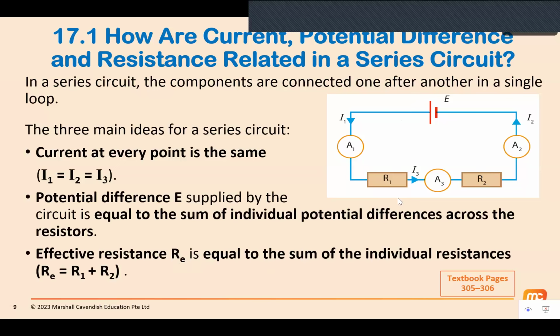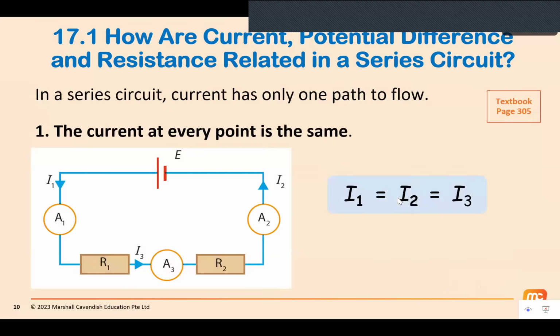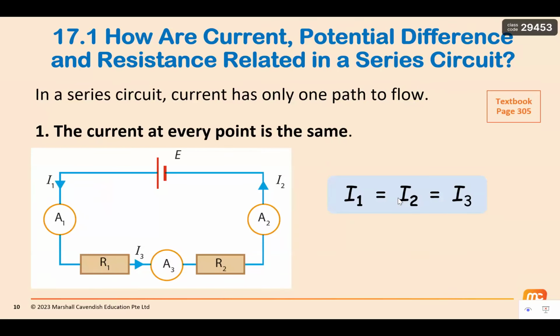Let's go into each one of these three main ideas individually. The first one: in a series circuit, there is only one path for the charges to flow. In this case, the current flows out of the battery, passes through A1, R1, A3, R2, A2, and back to the battery.